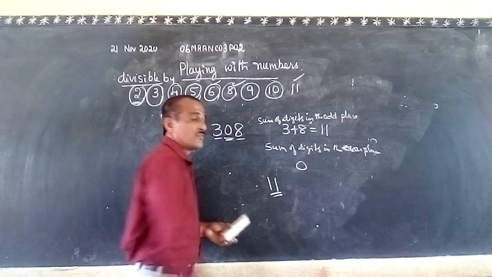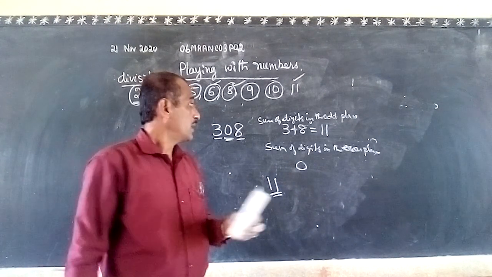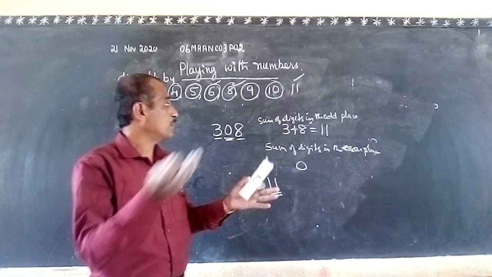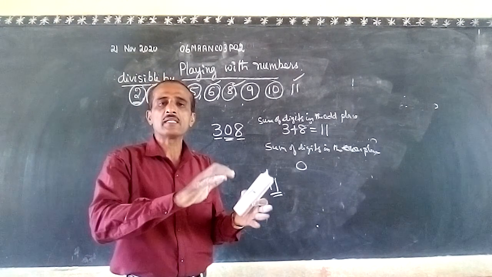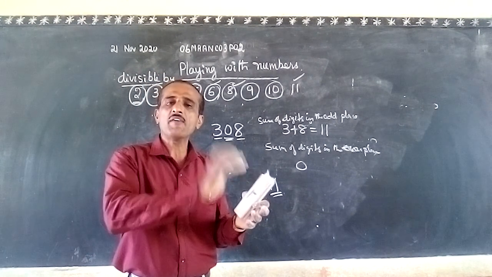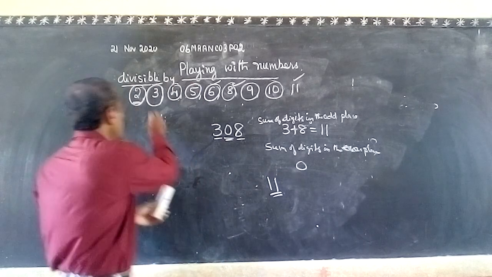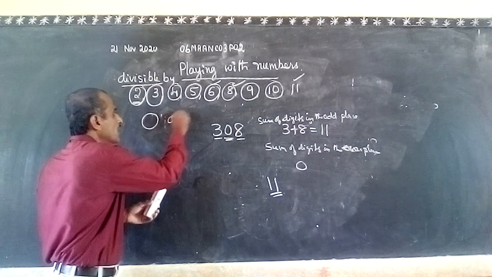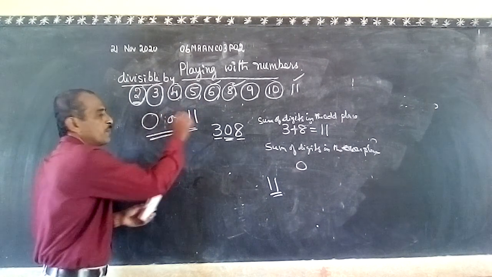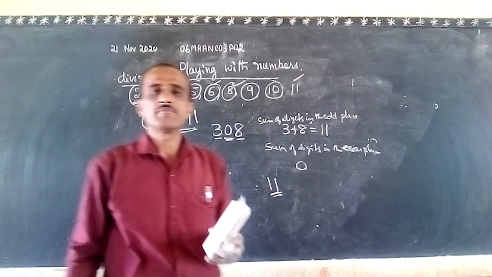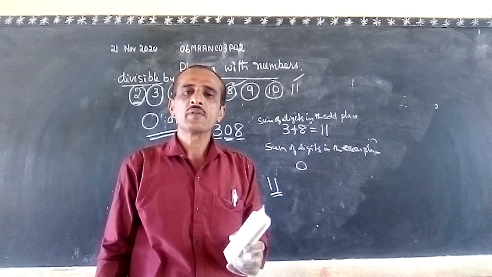See, remember, if the difference of the sum of the digits in the odd places and the sum of the digits in the even places is 0 or 11, then such numbers are divisible by 11. Very simple.